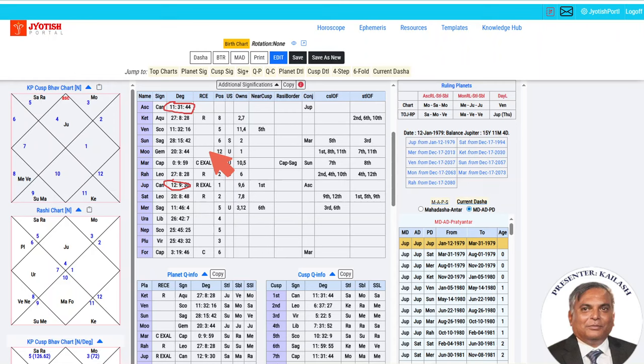This indicates a person with a very good disposition, a very noble kind of person, because Jupiter is influencing the ascendant.